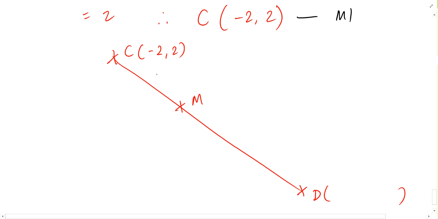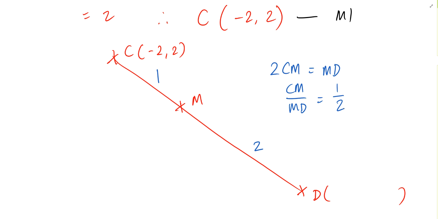This must be 1 unit, this must be 2 units. Okay so far? 2 CM, given in question, 2 CM equals to MD. So obviously CM over MD equals to 1 over 2. So 1 is to 2. Then we also know the coordinates of the midpoint earlier on, that is 2, negative 1. So now find the coordinates of D.